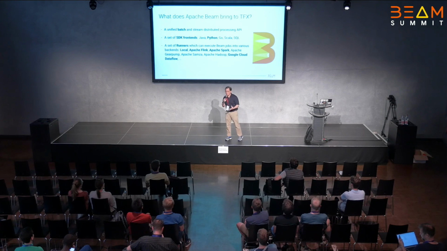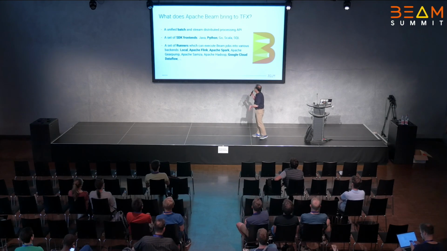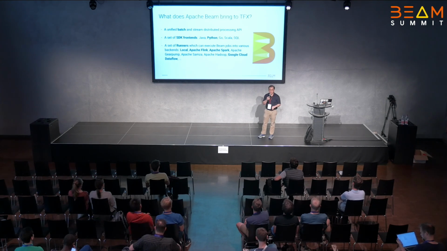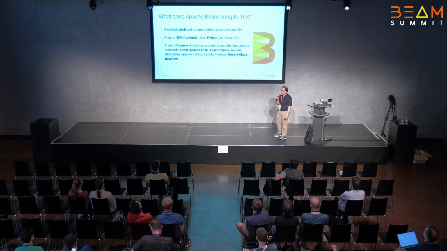You're going to need a distributed framework. Beam gives us that. Currently, we're using the batch side of things, and at some point, we'll be moving to streaming as well. The set of SDK front ends is very important. We're using Python currently, but having those others available is important as well.